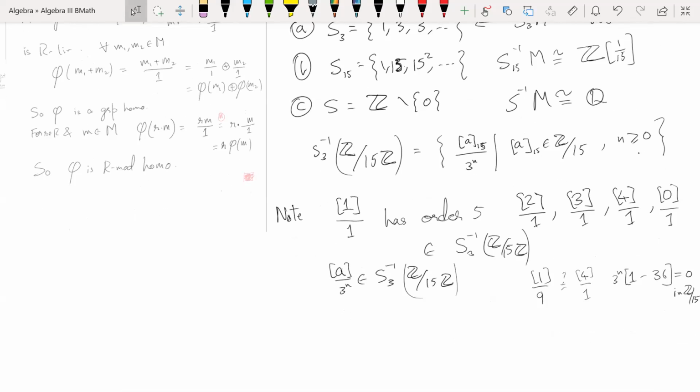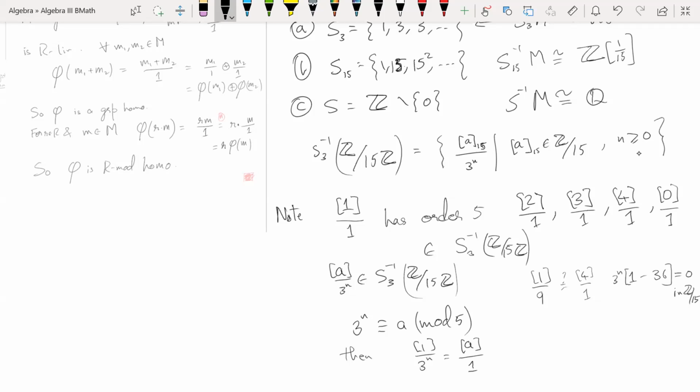Yeah. So what do we have to look at? So 3 power n, you look at it modulo 5. So 3 power n is going to be congruent to A mod 5 for some A. Then 1 over 3 power n is the same as the class of A over 1.